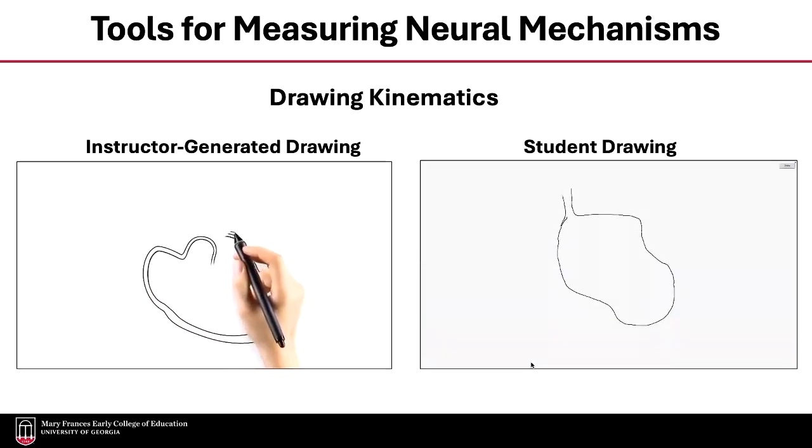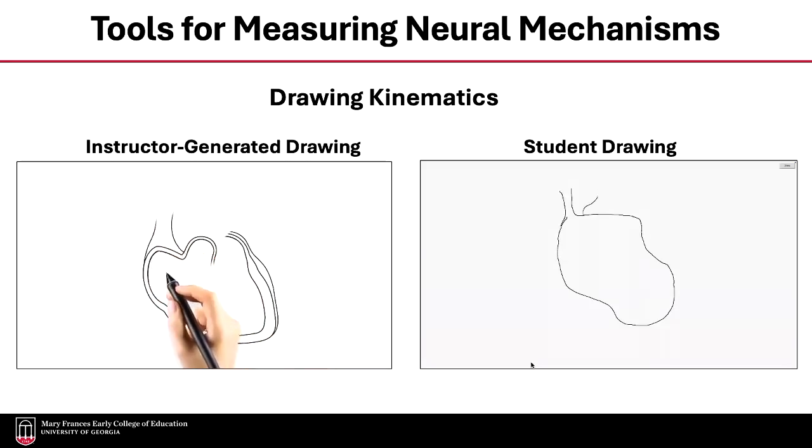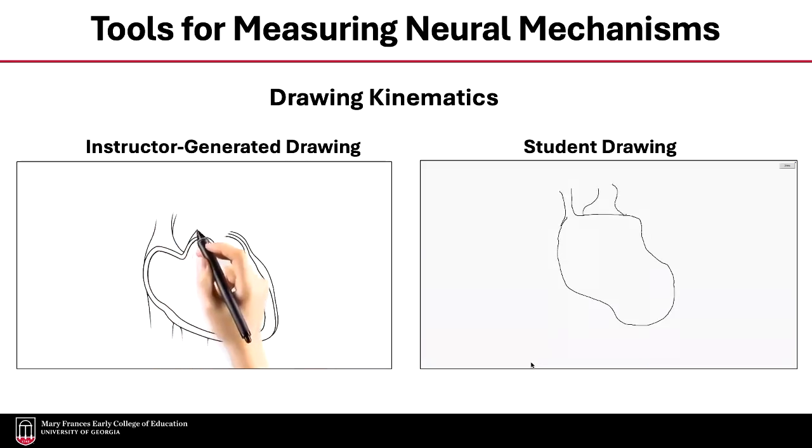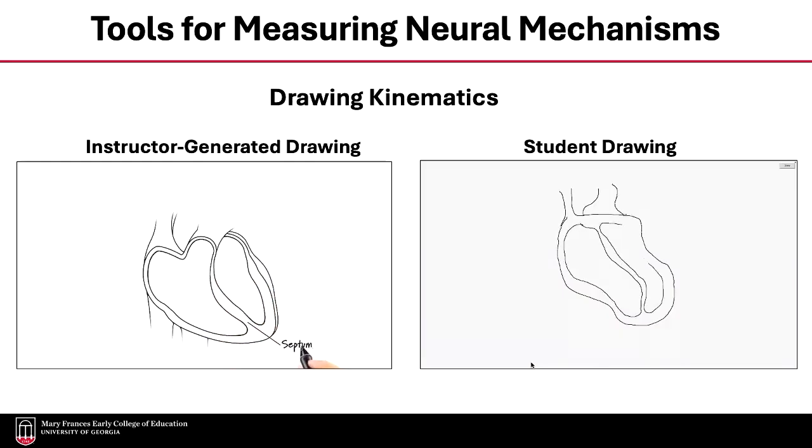And then after they watch the video, we ask the student, as part of their post-test, to basically draw what they learned about. And we can see from this example, students may produce certain features and certain dynamics of the instructor drawing, even though they can't see that video itself or reference back to it.